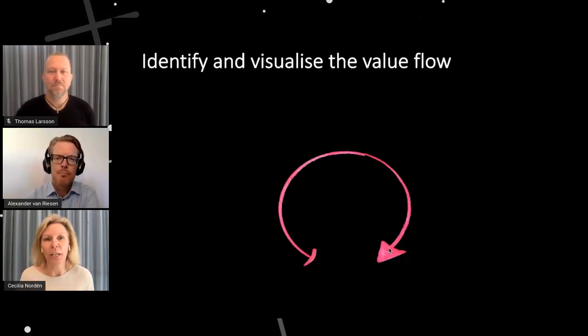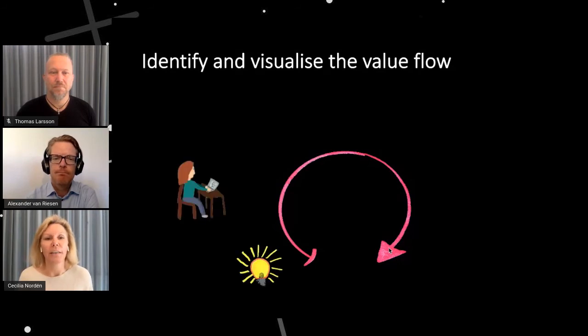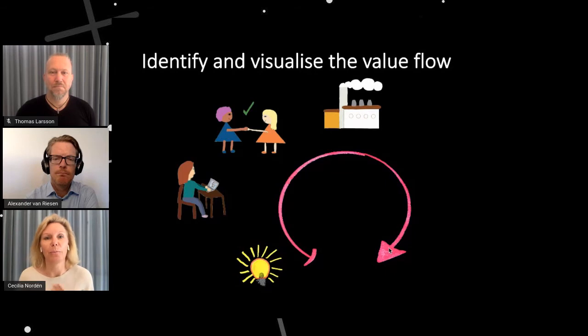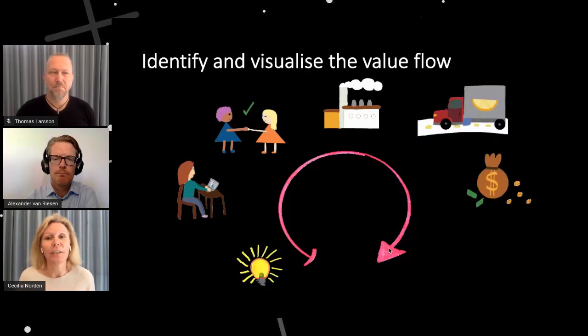What we can do is identify and visualize the overall value flow. So what does an enterprise do from an idea and then on to maybe promoting it or creating it, and then create contracts, start to produce it, and then deliver, sell, and do follow-up.